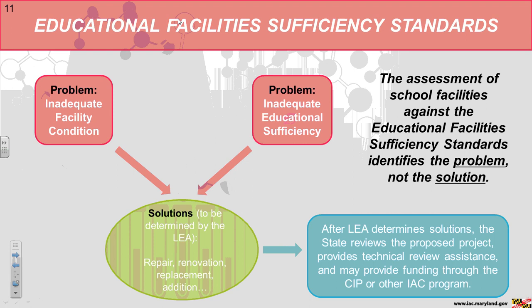Assessing against standards does not infringe upon local control because the standards neither specify any particular solutions nor do they mandate that deficiencies necessarily be corrected. It may be that deficiencies can be mitigated through administrative solutions until it makes sense for the facility to be completely renovated or replaced. In any case, the decisions belong to the facility owner, and that is the LEA.